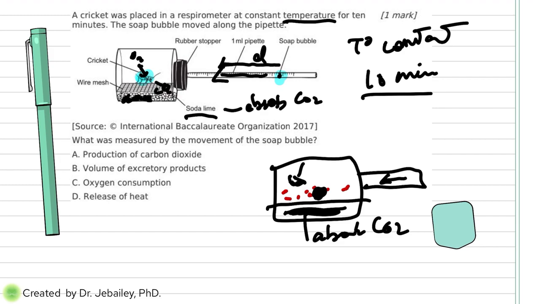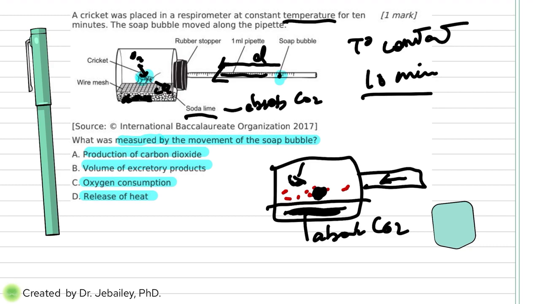So the question is saying, what was measured by the movement of the soap bubble? The answer choices here are production of carbon dioxide, the volume of excretory products, oxygen consumption, and the release of heat. Obviously, it cannot be carbon dioxide, because if it was, the production of CO2 would be coming out of it.